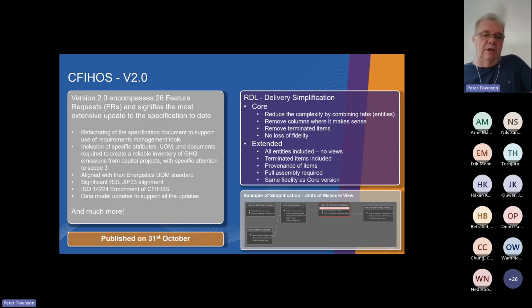And the data model has been extended under the component model to allow the specific groupings, for those of you familiar with that standard, around the boundary conditions or the boundaries of what equipment is. So that's a big step forward as far as that's concerned. And there's been quite an extensive update to the data models to support all the other work. And there's a lot more in there as well, but they're just the key highlights of it.